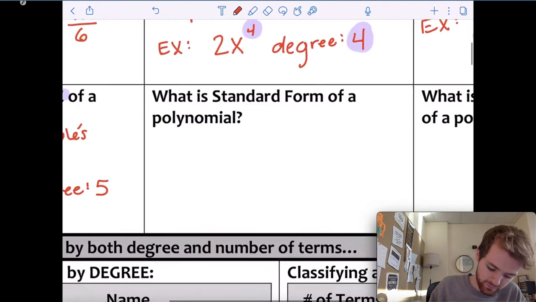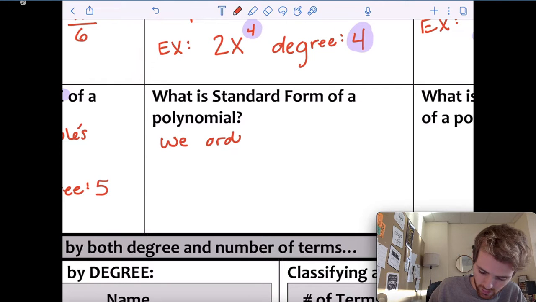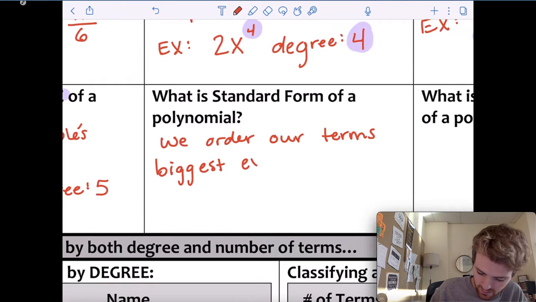Standard form, all that means is we order our terms biggest exponent to smallest.